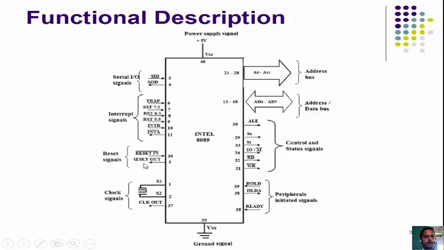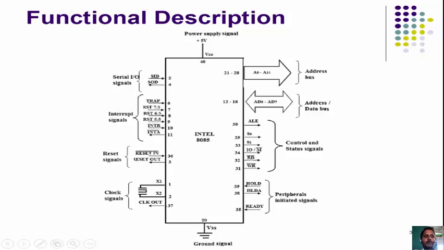Reset out pin. The main use of this particular reset out pin is that, suppose the microprocessor is interfaced with the memory or any other IC, that is 8255, 8279 or any other IC, and somebody wants to reset the whole system, that is the 8085 and the remaining ICs interfaced to the 8085.